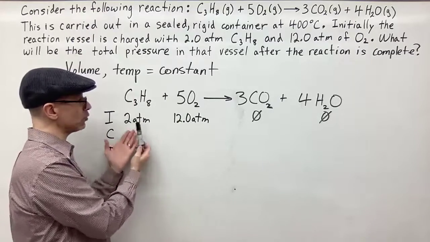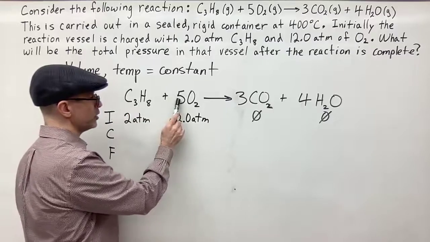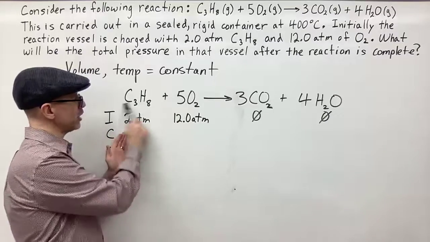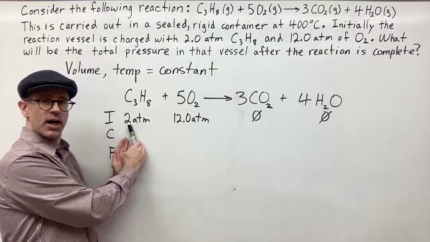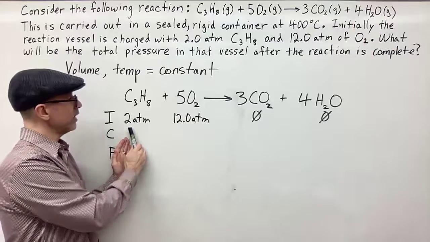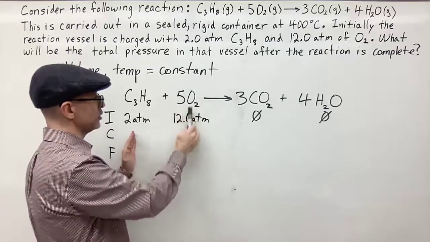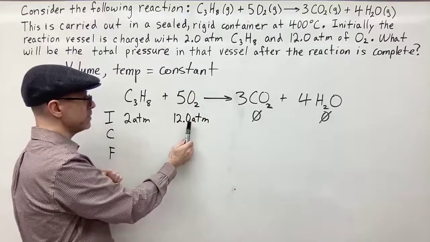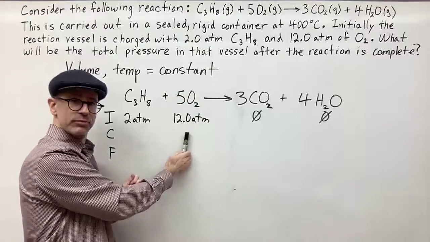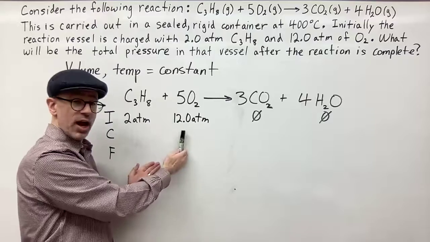If I have double the amount of the propane, then I need double the amount of the oxygen. So in this case, it would be 10, right? But I have 12. So I have more than enough, right?